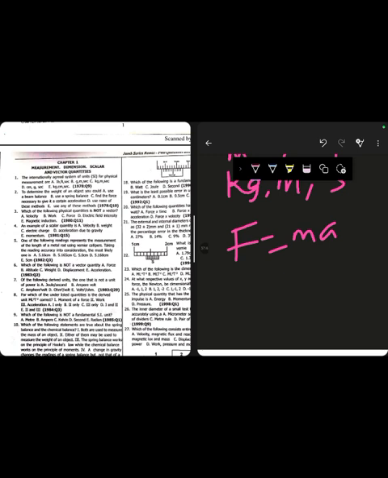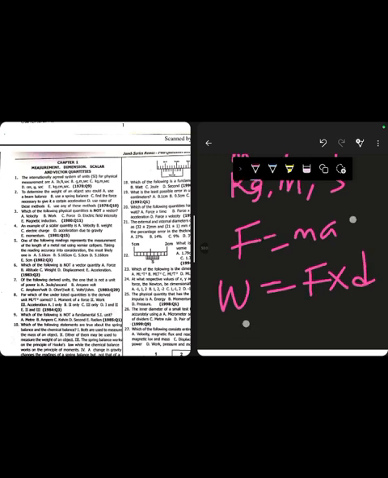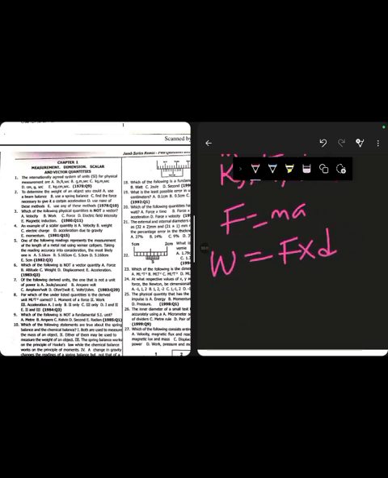Question 3 says, which of the following physical quantities is not a vector? Remember, vectors have magnitude and direction. So what's the answer to question 3? The answer is work. Because what is work? Work is force times distance. Work in itself is a scalar quantity.